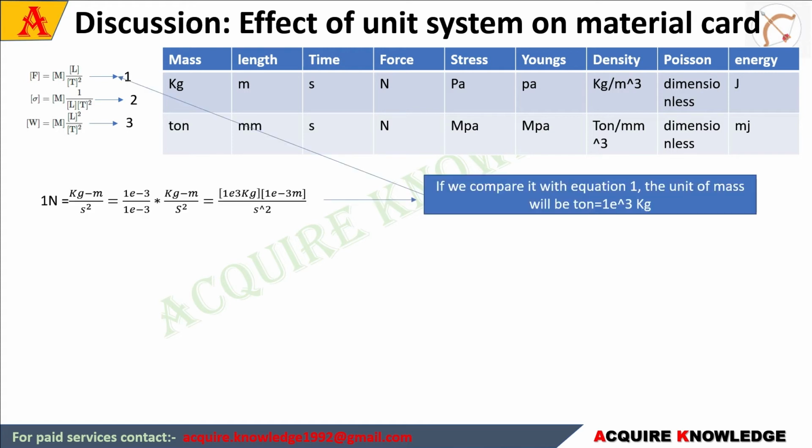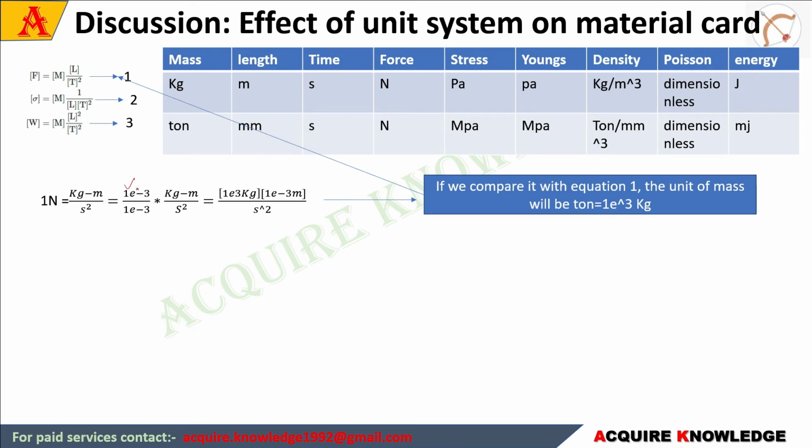First, we had fixed the unit of force as Newton. Now we can write the force as Newton, which is kg meter per second square. Now the length dimension has been set to mm. It means that we can multiply the numerator and denominator by 1e to the power minus 3, because we know how the meter and mm are related to each other.